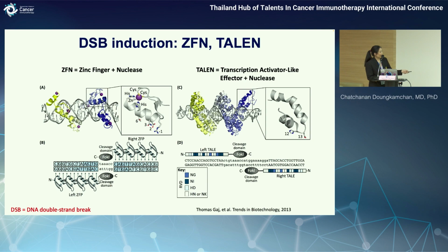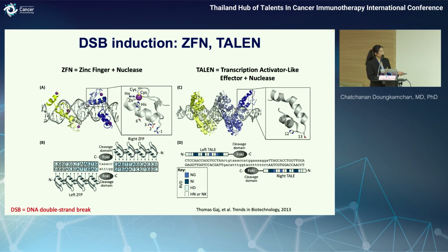So if you would like to recognize a particular sequence, you can just use this combination of zinc finger proteins. Then the zinc finger protein is tethered to FokI, which acts as the endonuclease.